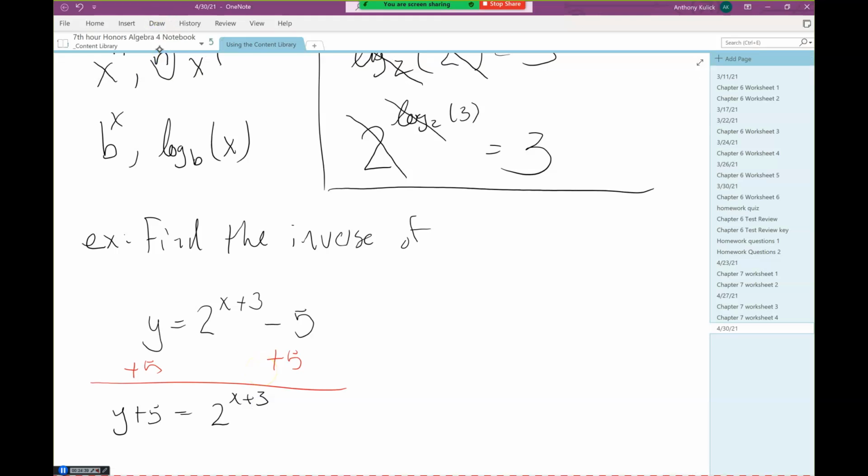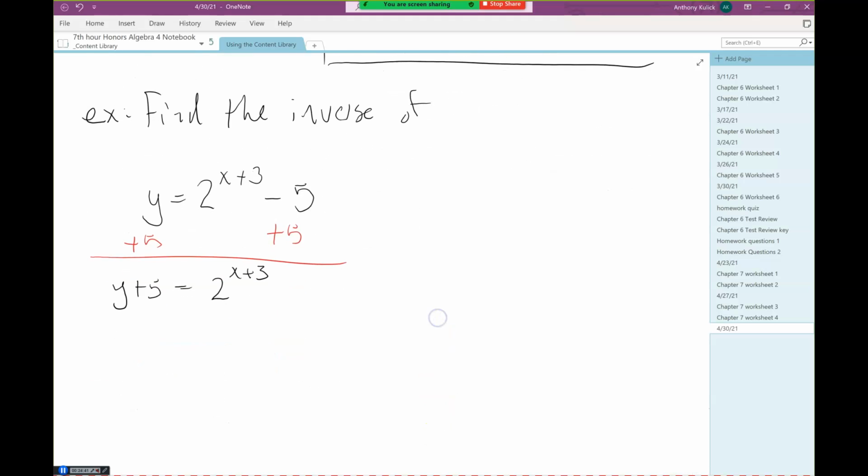Then we need to cancel that exponent base of 2 to get at the x, right? What do I need to do to cancel that exponent base of 2?